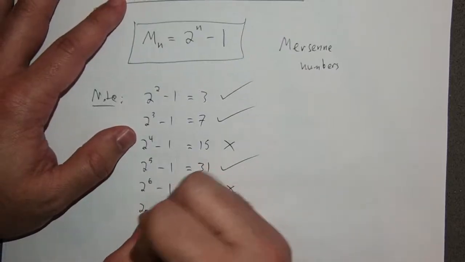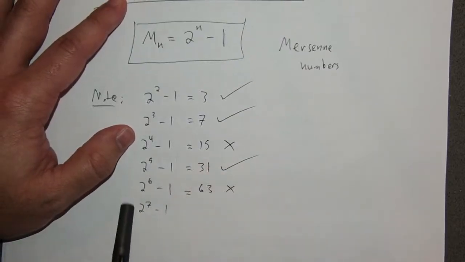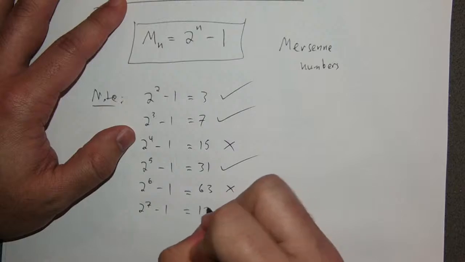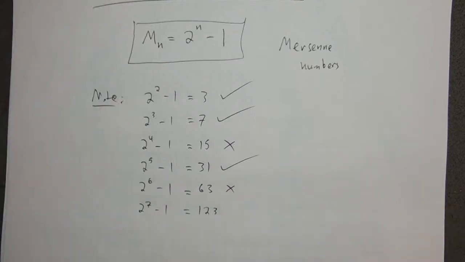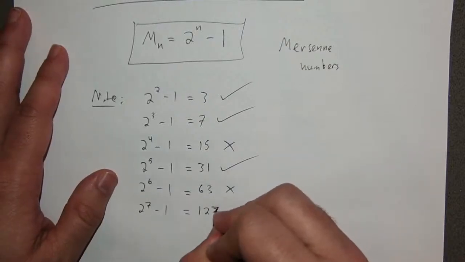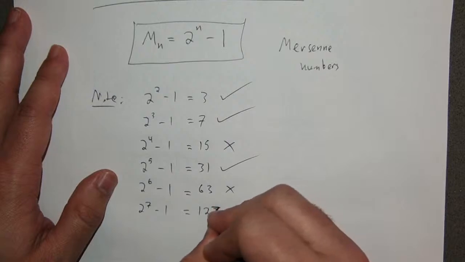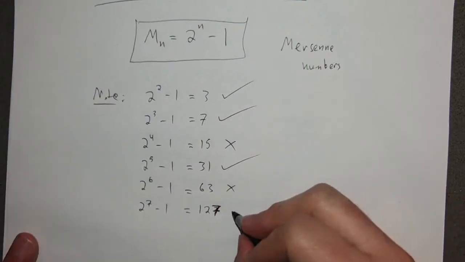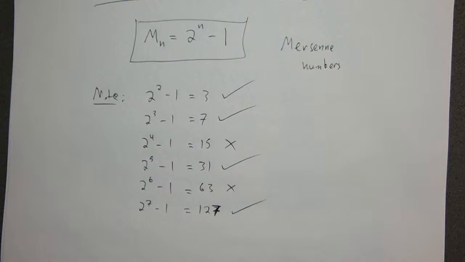Next, I have 2 to the 7th minus 1. Oh, 128. What am I doing? This is 127. That's 127. And that is prime. Yeah, that's prime.